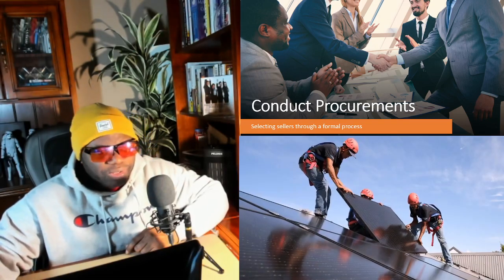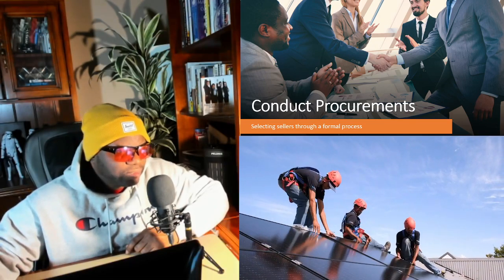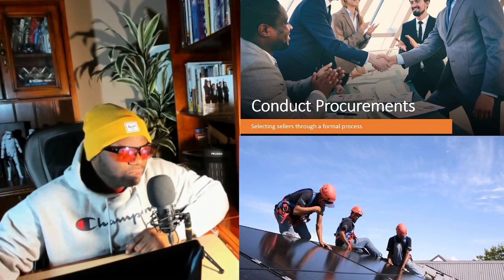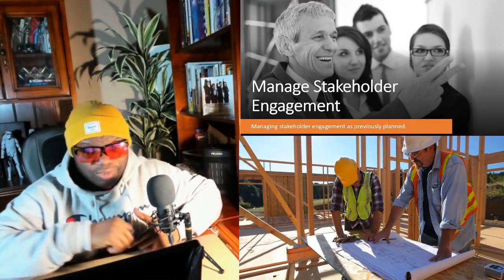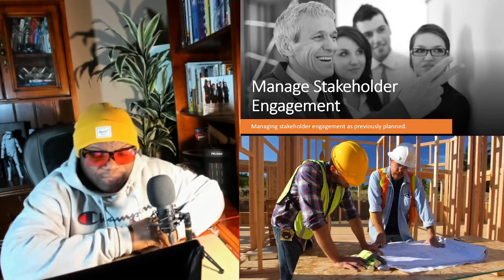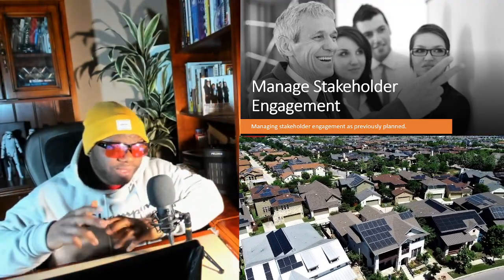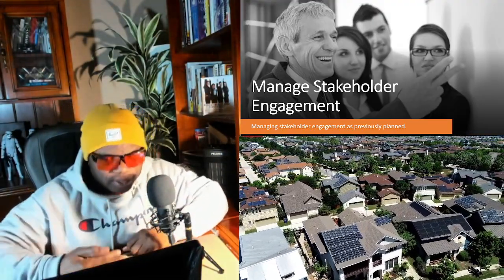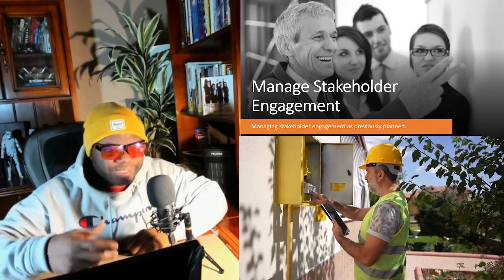So, conduct procurements. The final thing that happens in executing is called manage stakeholder engagement. And as it reads here, manage stakeholder engagement as previously planned. This is where you are communicating with stakeholders and working with them in order to get the engagement that you are seeking.